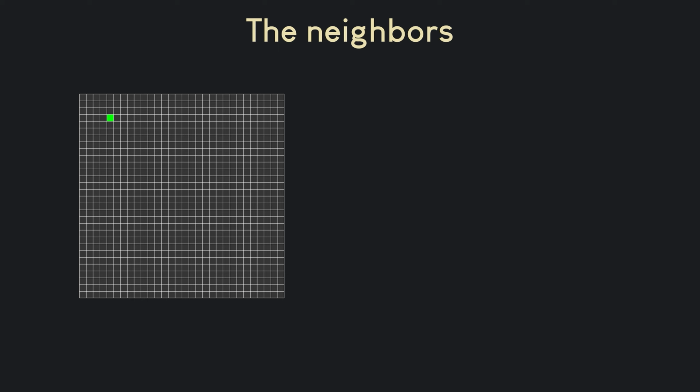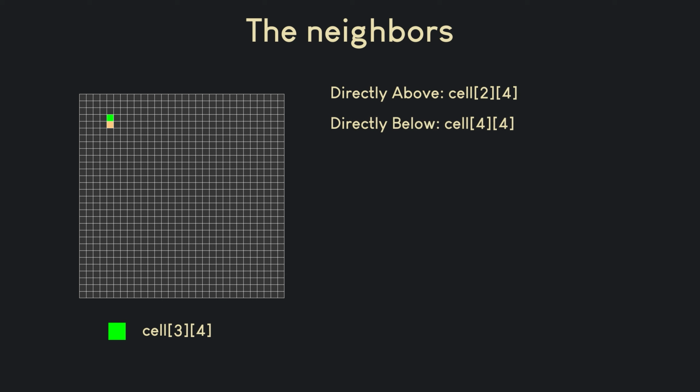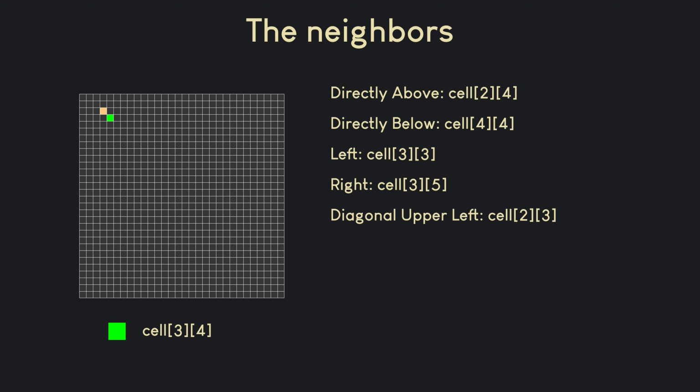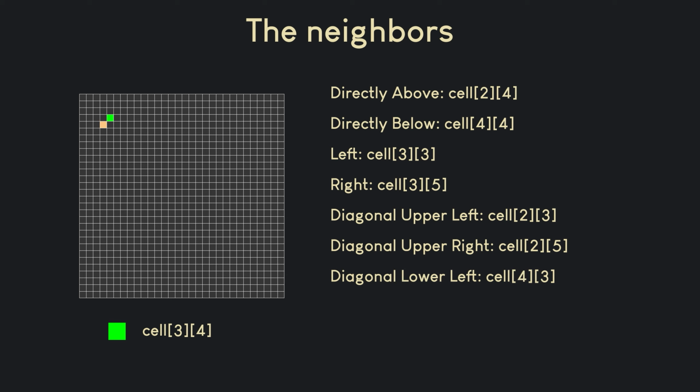For the cell located at row 4, column 5, its neighbors' positions are determined as follows: directly above, row 3, column 5; directly below, row 5, column 5; to the left, row 4, column 4; to the right, row 4, column 6; diagonal upper left, row 3, column 4; diagonal upper right, row 3, column 6; diagonal lower left, row 5, column 4; diagonal lower right, row 5, column 6.